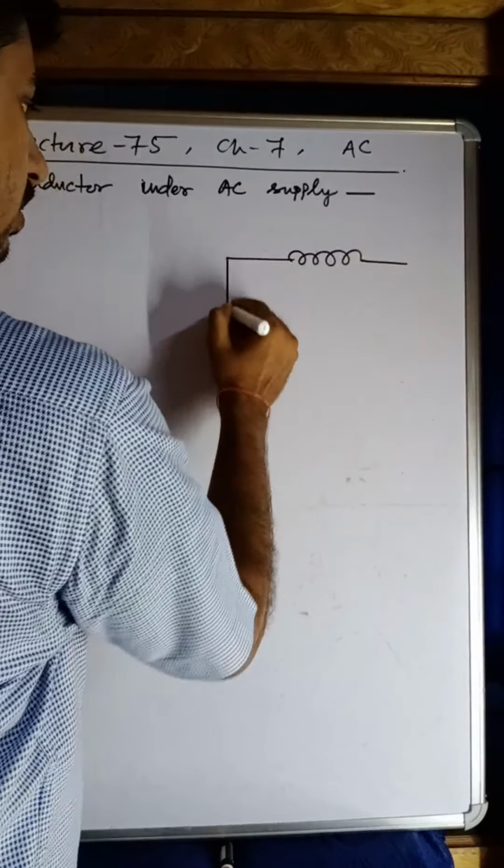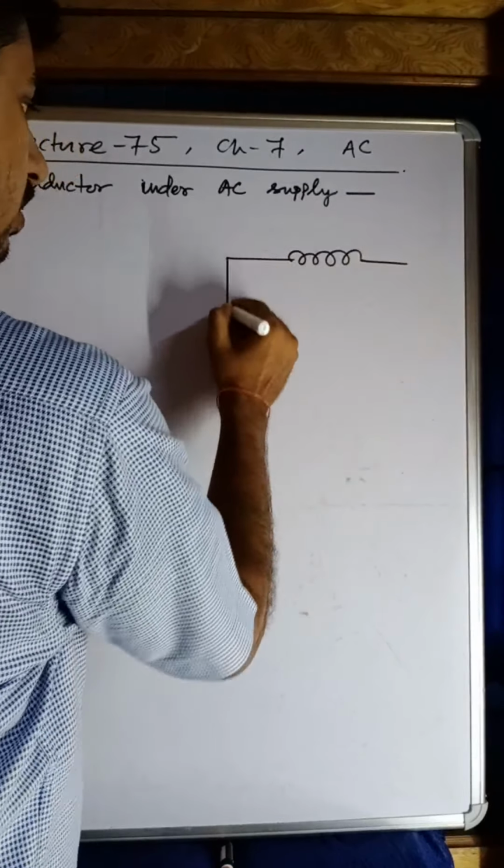So we can write L di by dt, and there is nothing else on which the voltage drops, so it will be equal to 0. E naught sine omega t is equal to L di by dt, or di can be written as E naught by L sine omega t dt.